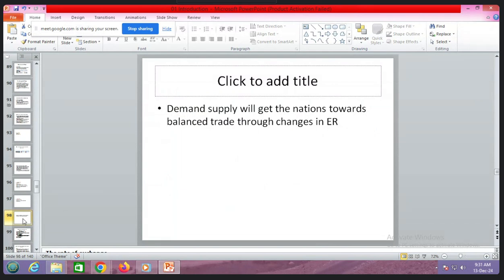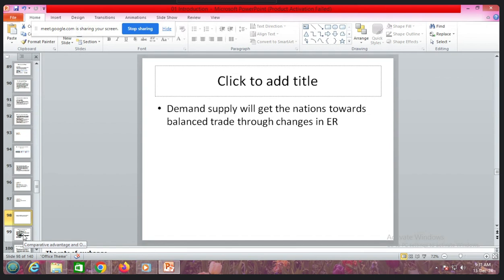So to summarize it, if the nation has disadvantage in both the commodities that it is producing, then it has to export that commodity in which it has the least disadvantage, and it has to import the other commodity. So that is what is all about the Ricardian theory.